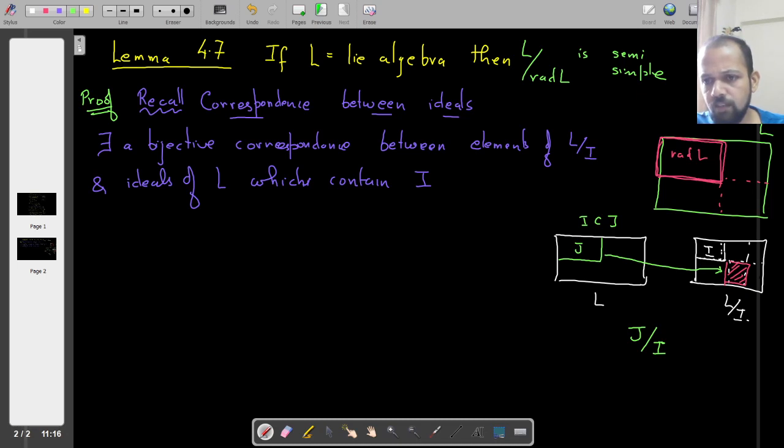These are elements of the form I plus some element from L. So you look at this J by I, which is a subset of L by I. And so here I take this J, and it has to be mapped there to exactly J by I.